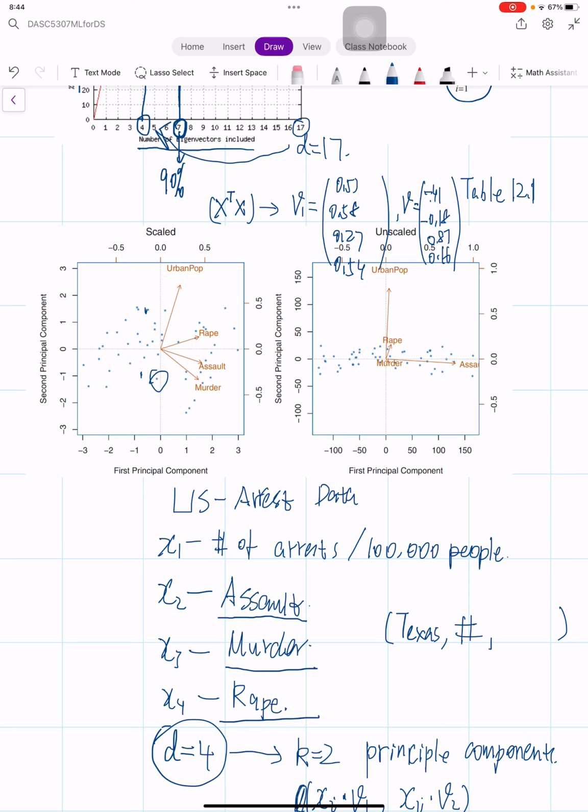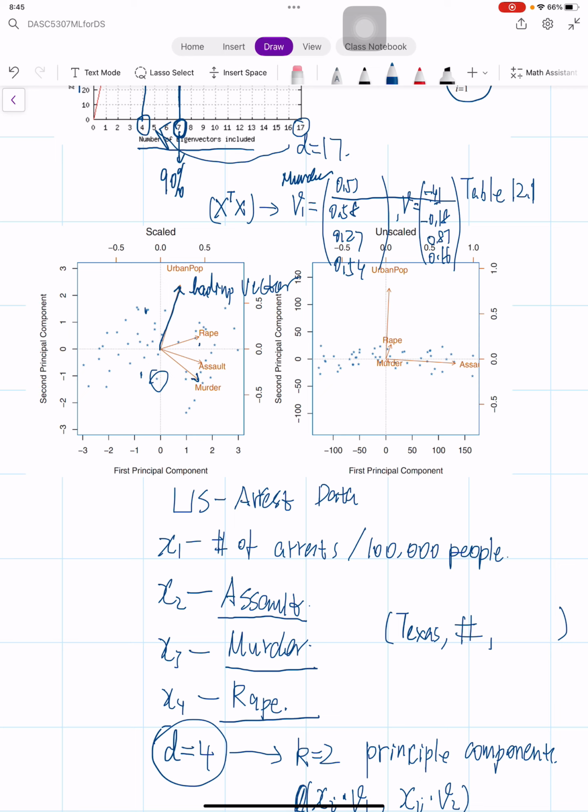These arrows are also called loading vectors. For example, the first corresponds to murder. For the murder arrow, the first coordinate is positive and the second coordinate is negative 0.41.